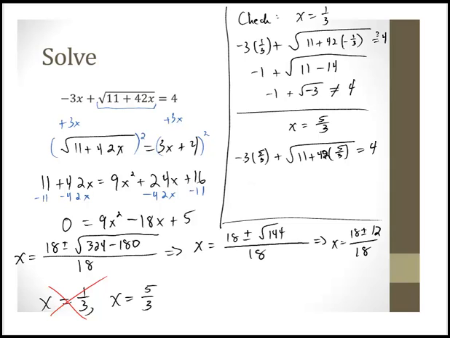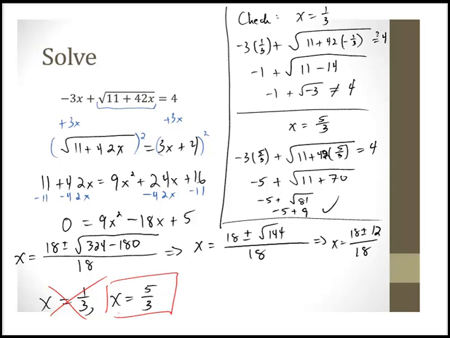So that would give me negative 5 plus the square root of 11 plus, 14 times 5 is 70. So negative 5 plus the square root of 81, that's negative 5 plus 9, which is 4. That checks out, and so x equals 5/3 is the solution of the equation.